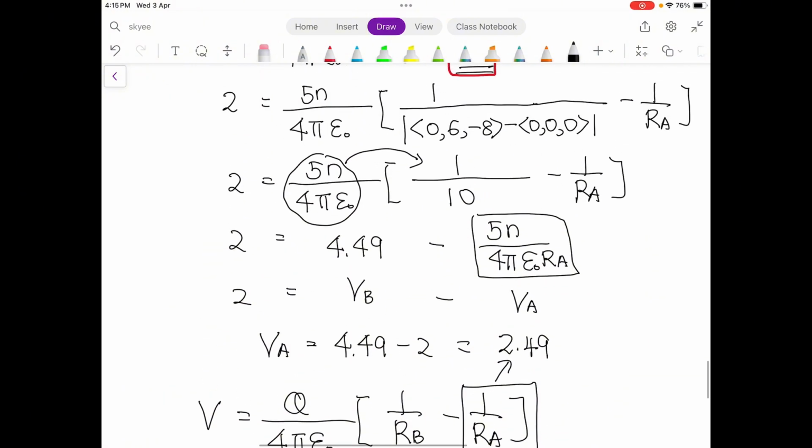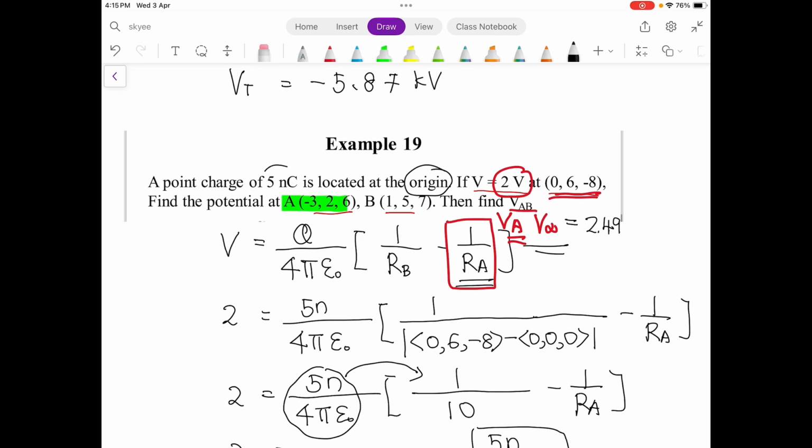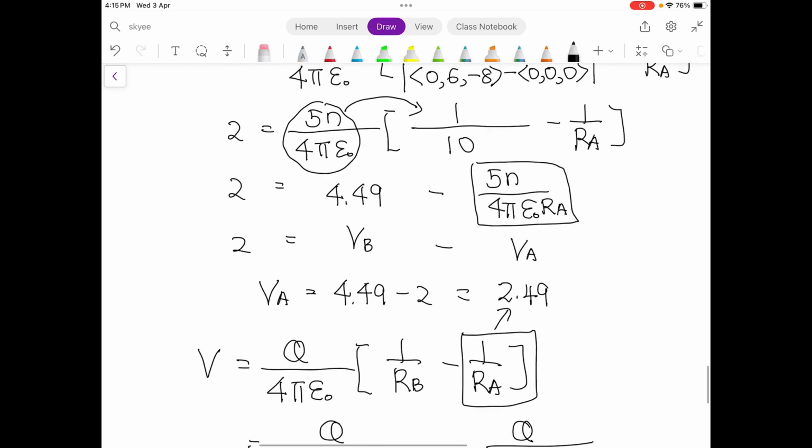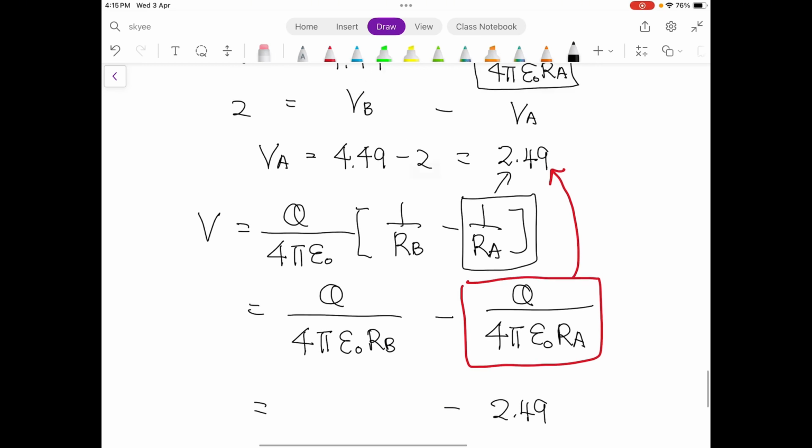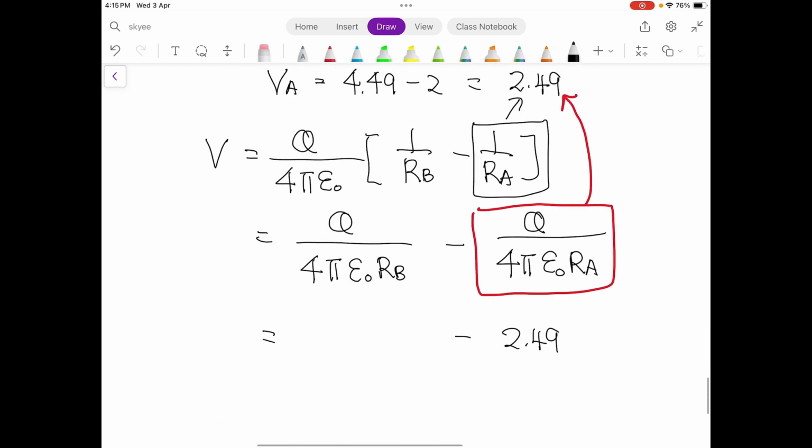The Q over here is this charge, the source of the electric field. This one we already calculated just now, and it equals 2.49. So we put 2.49 over here, and 5 nano over 4 pi epsilon naught RB.